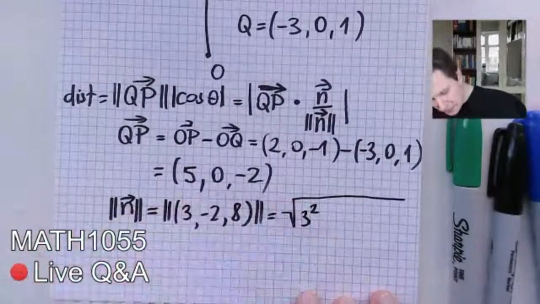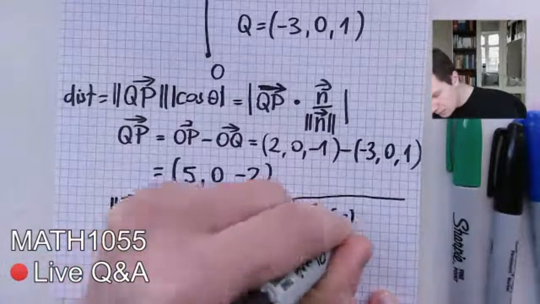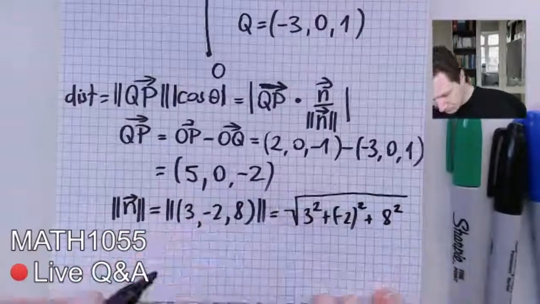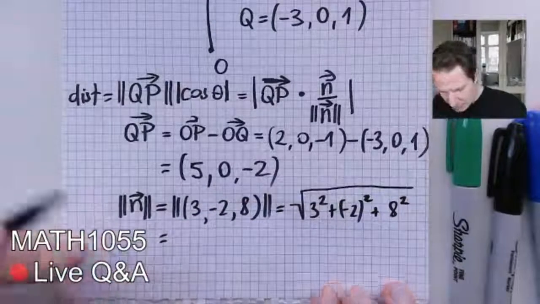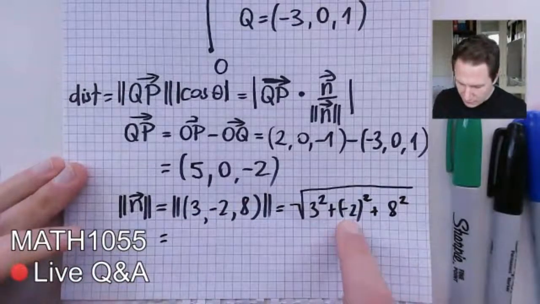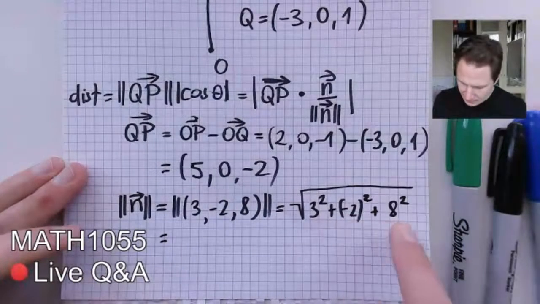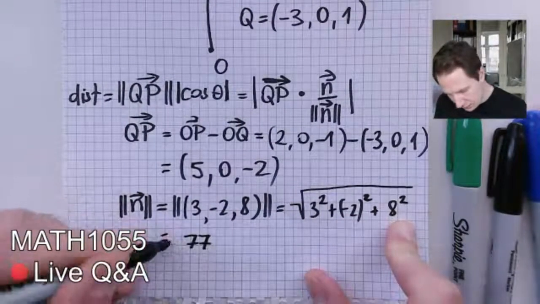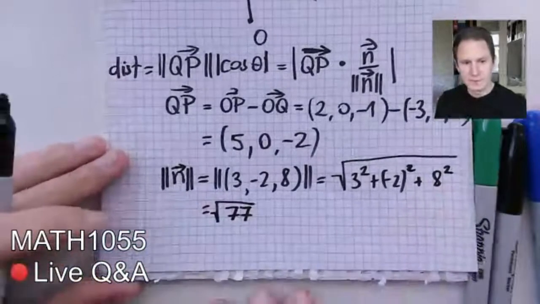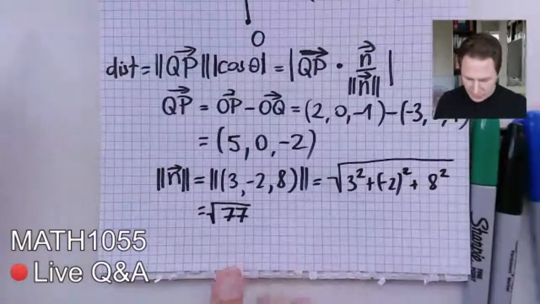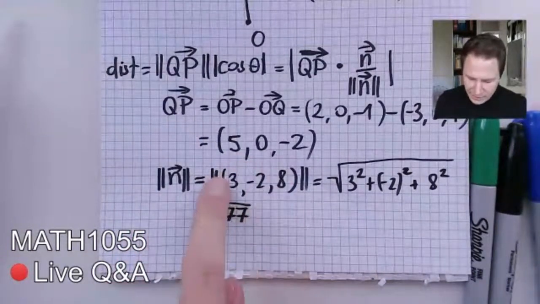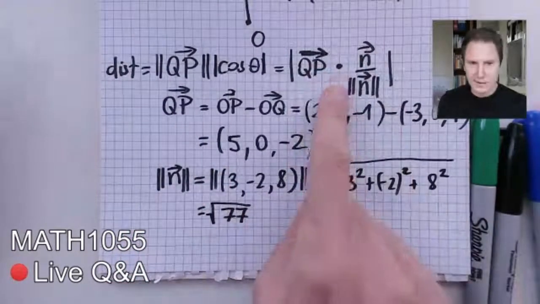So that's 3 squared plus minus 2 squared plus 8 squared. So what we are getting is 9 plus 4, that's 13, plus 64, so that's 77 under the square root.